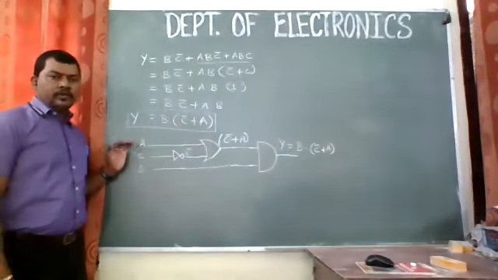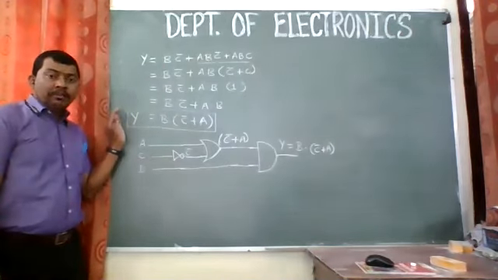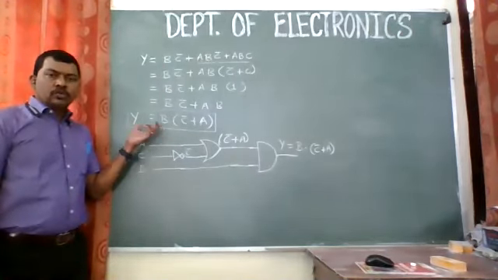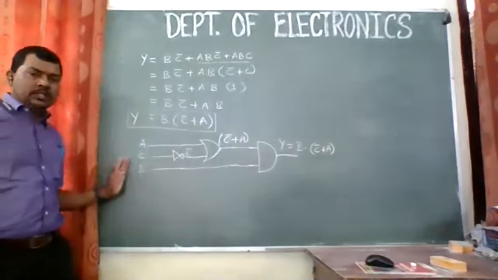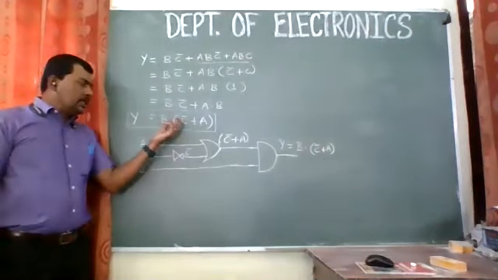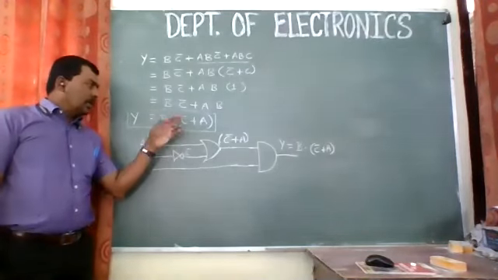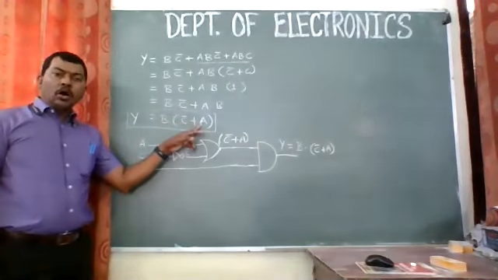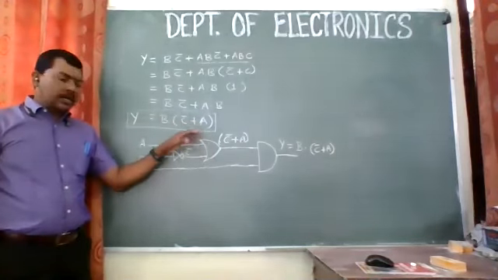Have you got this? How I have drawn this circuit? This is the simplest circuit that is implemented by using this equation. We are having three variables A, B, and C. I have taken these three variables. We are having C bar, so I have inverted it. Then C bar is to be ORed with A, so I am adding this with an OR gate.